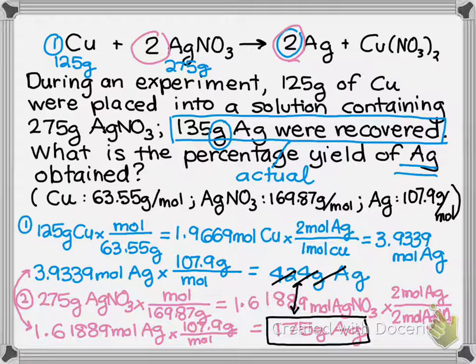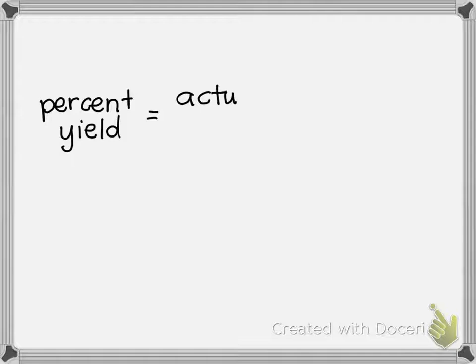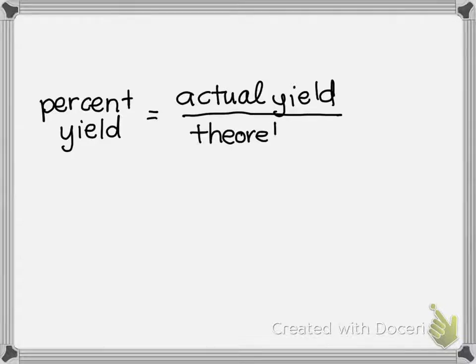So now my percent yield, which is what this problem wanted, is equal to the actual yield divided by the theoretical yield times 100.